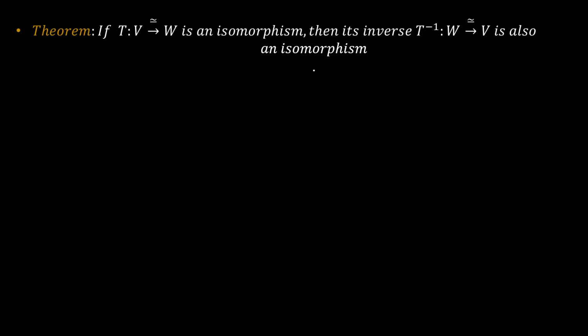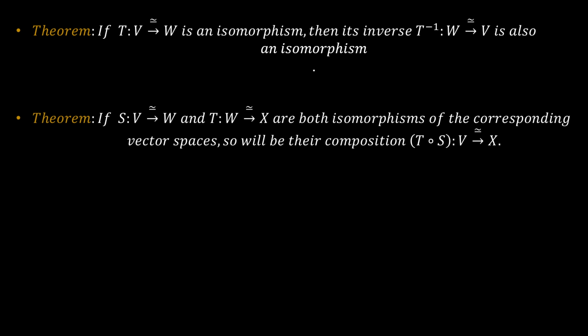Quick theorems that don't really need us to dwell so much: if the mapping T from vector space V to W is an isomorphism, then the inverse T to the power -1 is also an isomorphism from W's vector space to the V vector space.